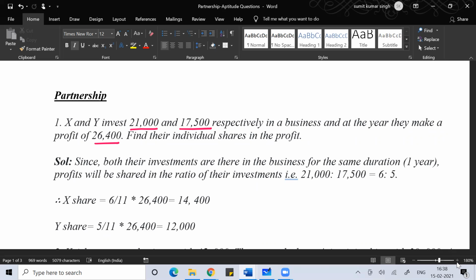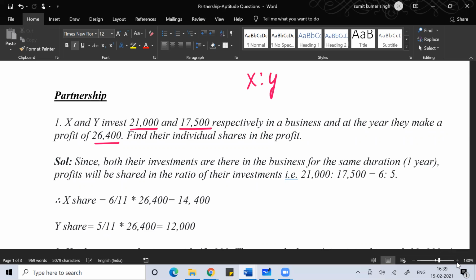So I'll talk about profit sharing on only one basis, their initial investment. X has invested 21,000 rupees into the business, Y has invested 17,500 rupees. Profit sharing will be done in the ratio of the investment.